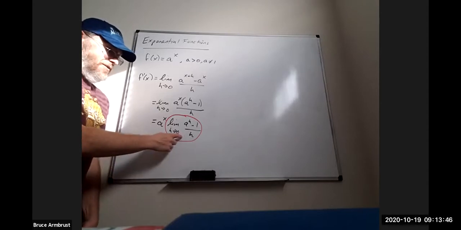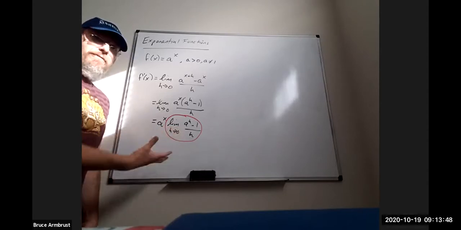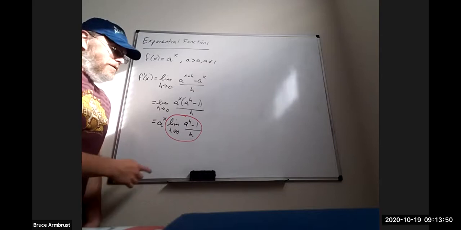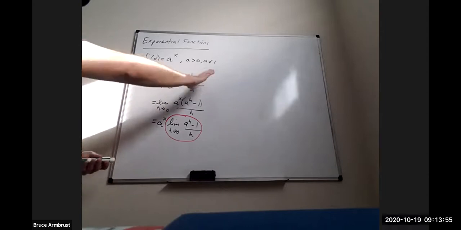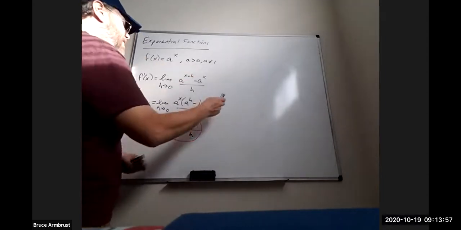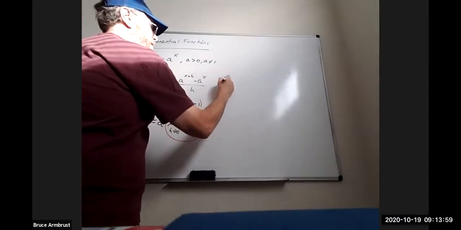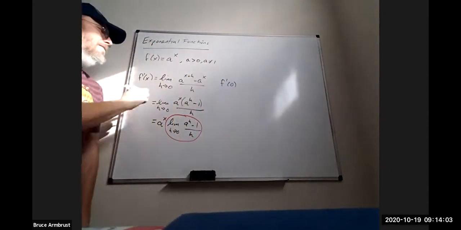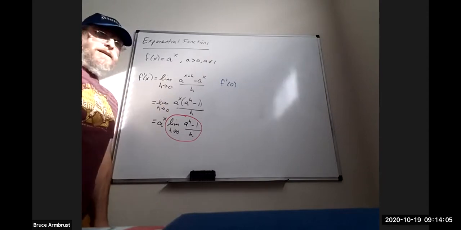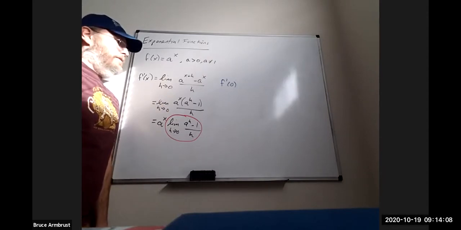If you look at this, it still looks like a derivative form, but it's a slightly different derivative form. Let me just, on the side here, look at, say, f prime of 0. So I'm going to look at this thing specifically at 0.